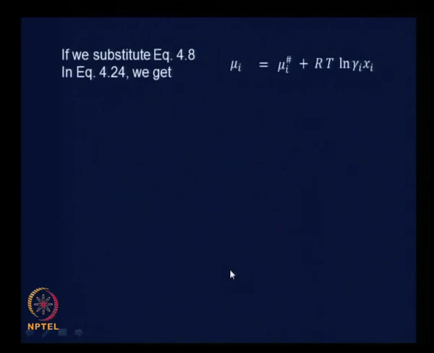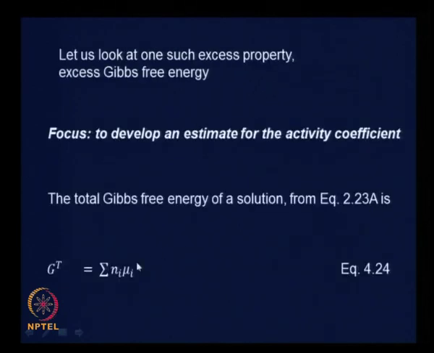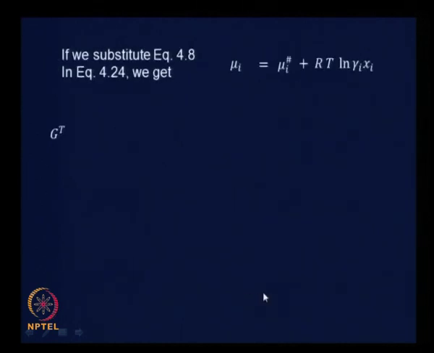Now, if we substitute equation 4.8, which is mu_i equals mu_i hash plus RT ln gamma_i x_i. If you recall, this is the expression for a non-ideal solution of either liquids or solids, and if we substitute this into equation 4.24, G^T equals the summation over N_i mu_i.